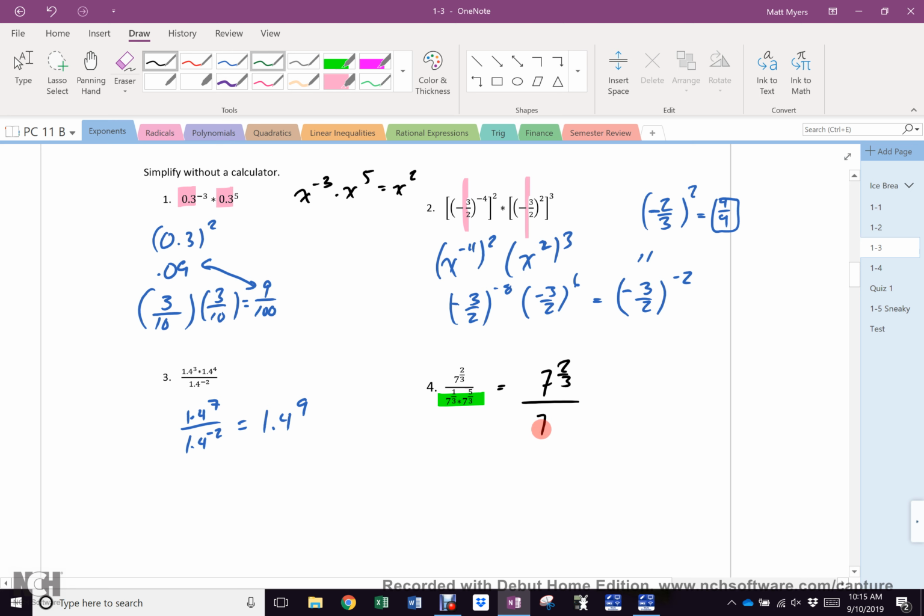Add them to get what? 6/3. Are those the same base? So what should I do with those exponents? What is 2/3 take away 6/3? Negative 4/3.